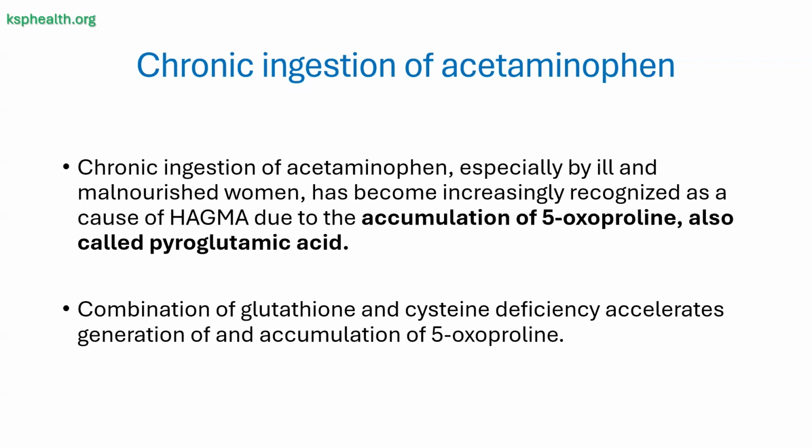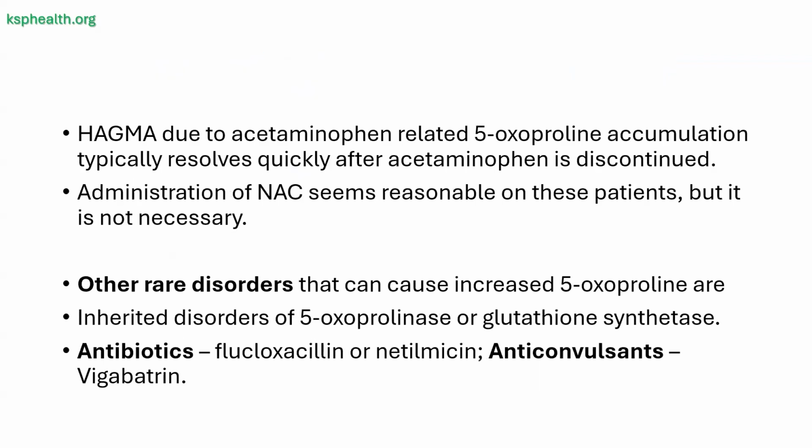So in malnourished women who chronically ingest acetaminophen, they run out of glutathione real fast. As a result, they will have accumulation of 5-oxoproline, also called pyroglutamic acid, that causes high anion gap metabolic acidosis. Glutathione or cysteine deficiency accelerates the accumulation of 5-oxoproline. The HAGMA due to acetaminophen-related 5-oxoproline accumulation typically resolves quickly once the acetaminophen is discontinued.